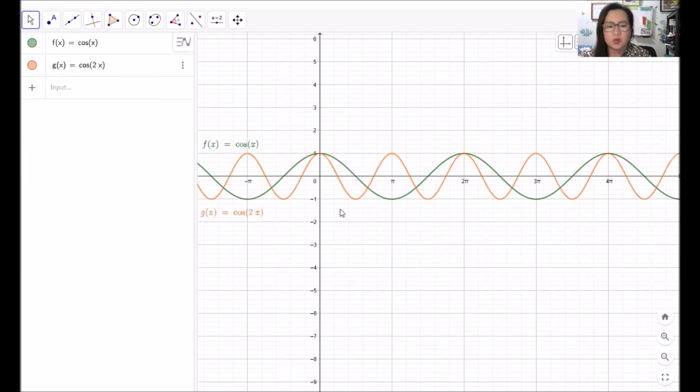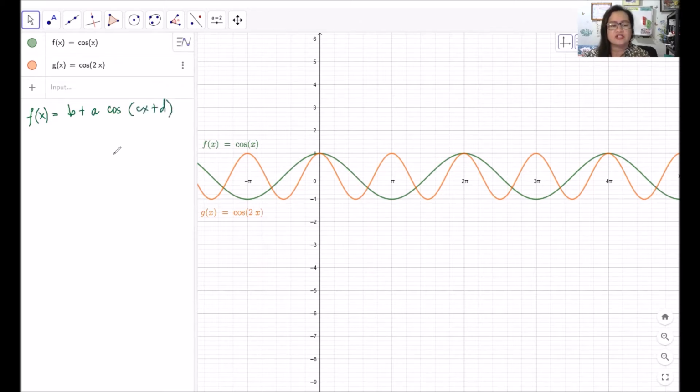Now let's explore the transformation of cosine function depending upon the values of the variables a, b, c, and d. Now remember that the general form of the cosine function is f of x is equal to b plus a cosine of cx plus d.